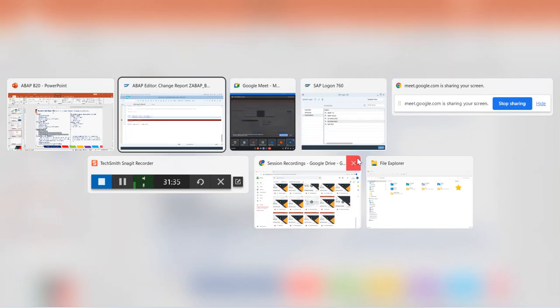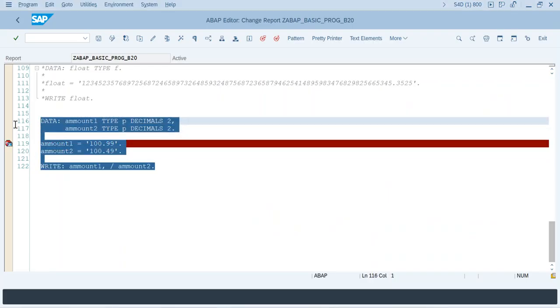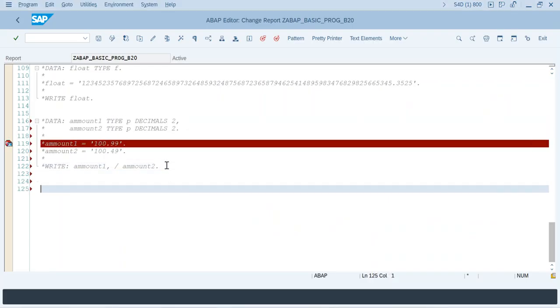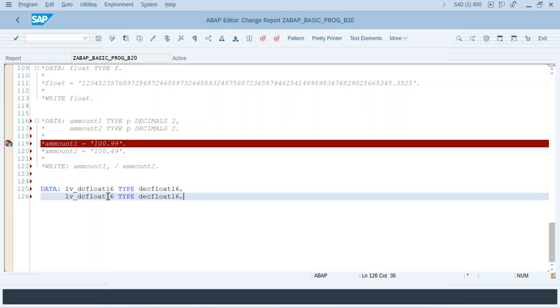Let's understand that. Just comment this line and declare data of type DECFLOAT16, and I'll also declare one more for 34.